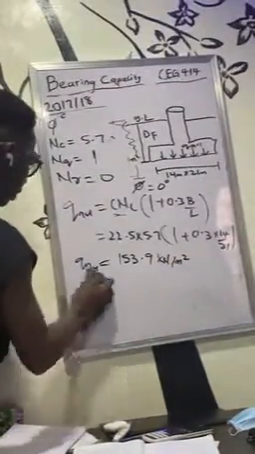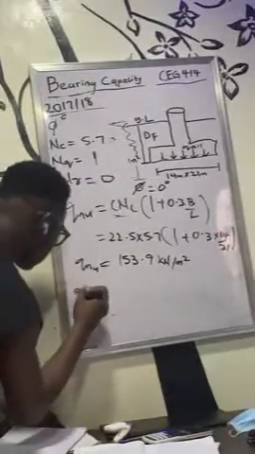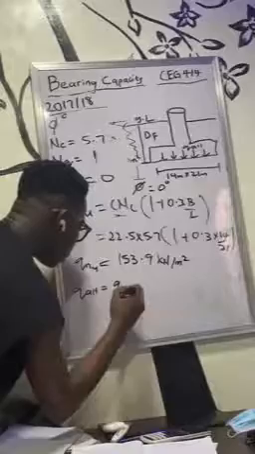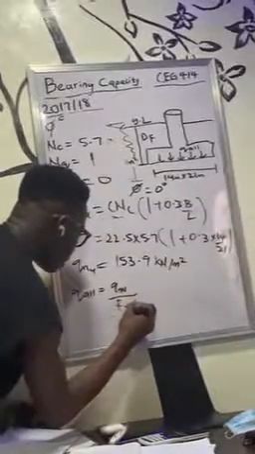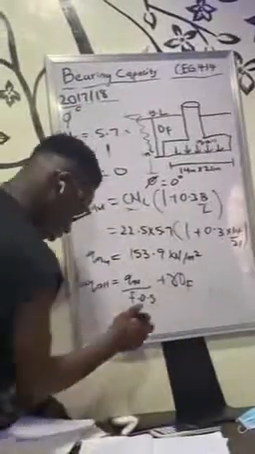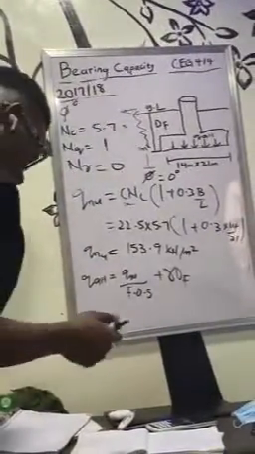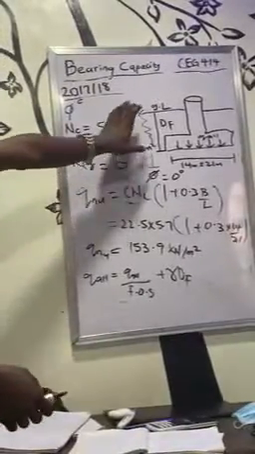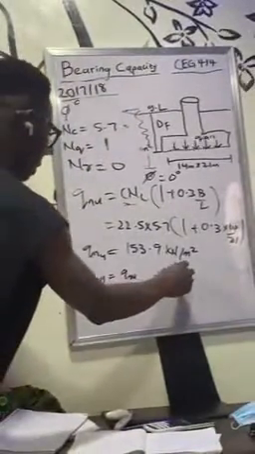Moving on, we have our normal expression that says Q allowable is equal to QNU over a factor of safety plus gamma DF. Since the soil is saturated, our gamma here will be gamma sat.